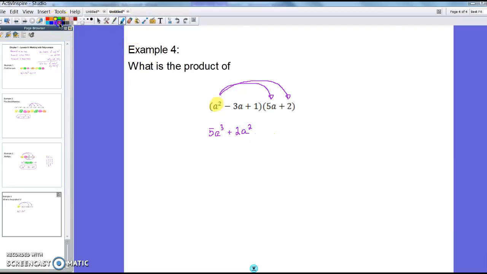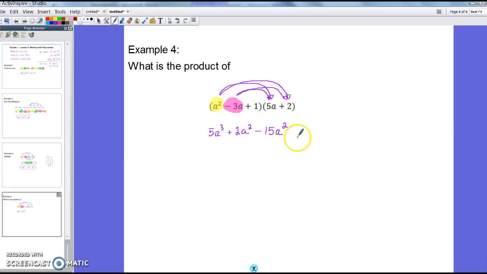Now I'm going to go to the next term. I have negative 3a. So I'm going to go ahead and take that, and I'm going to multiply that by 5a, and then I'll multiply that by 2. So negative 3a times positive 5a gives me negative 15a squared.